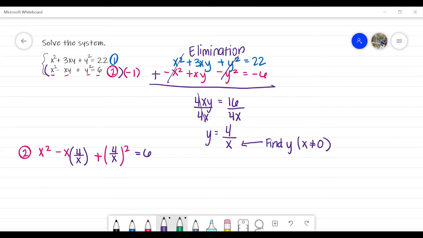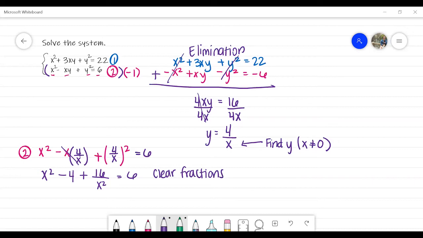Now there's some cleanup we'll do here, right? So you've still got x squared. The x's are going to cancel, so this is just minus 4, plus 4 squared is 16, over x squared, equal to 6. Okay? Now, what we're going to do next is clear fractions.